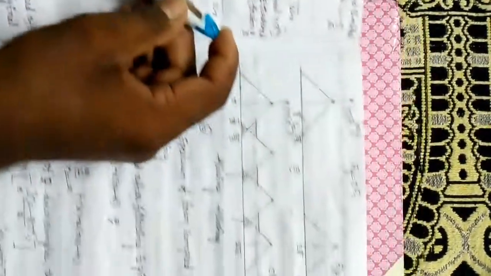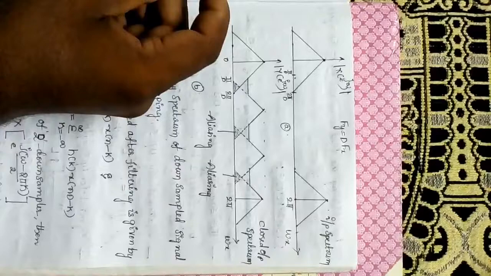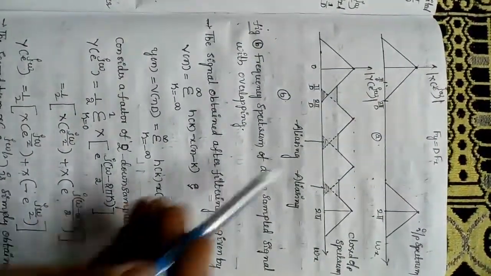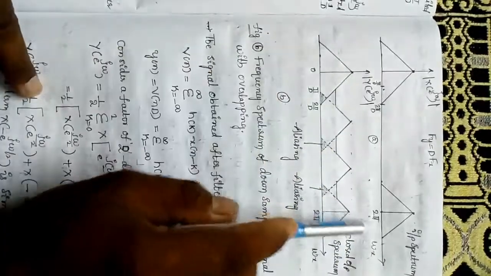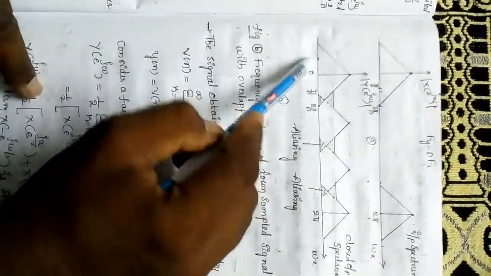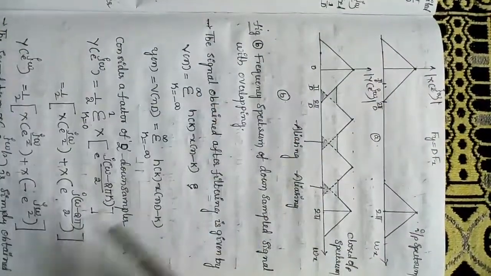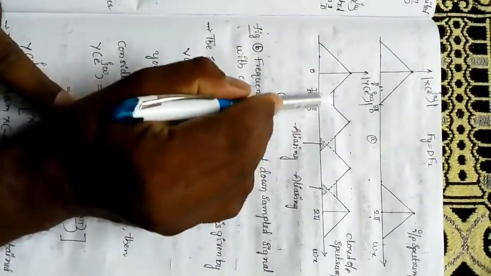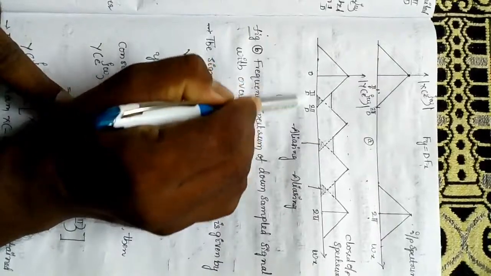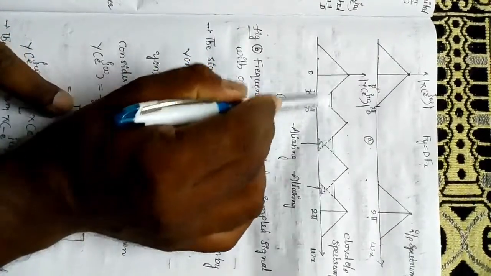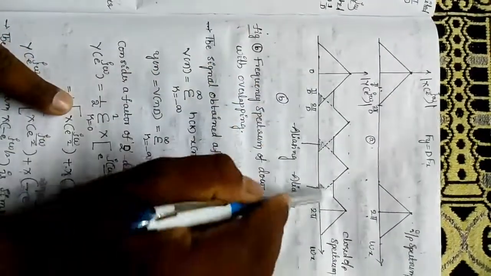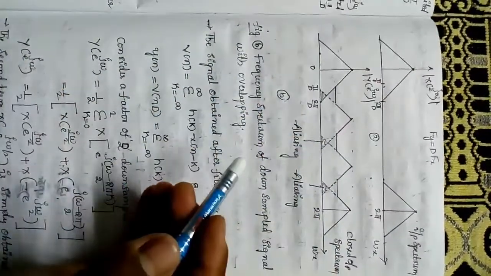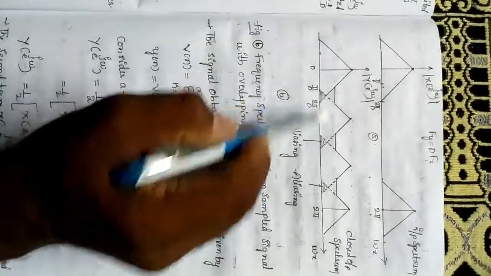I am showing it in a graph. This is the input spectrum, that means the input signal. The input signal overlaps with another input signal, like this. Wherever the overlap is there, this overlap is known as the aliasing effect.